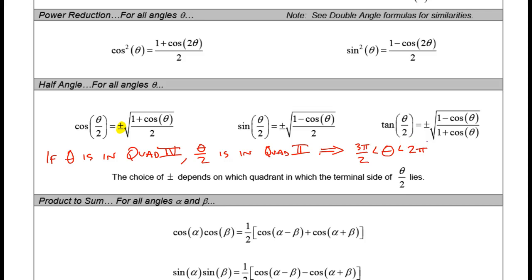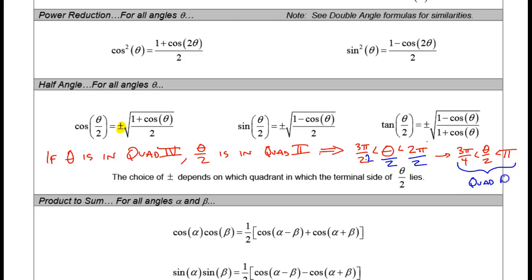Well, if I want to know where theta over 2 is, I need to divide that by 2, and divide that by 2. So that tells me I'm going to have 3 pi over 4 is less than theta over 2, which is less than pi. And that clearly is in quadrant 2.